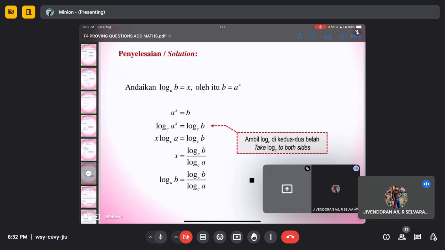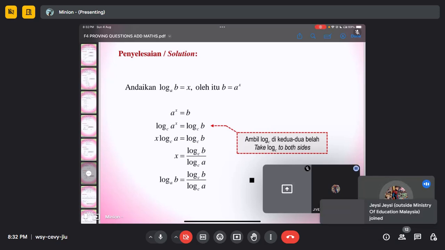So b equals a power x, and then a power x equals b. It's just the same thing from above, but they change the position.